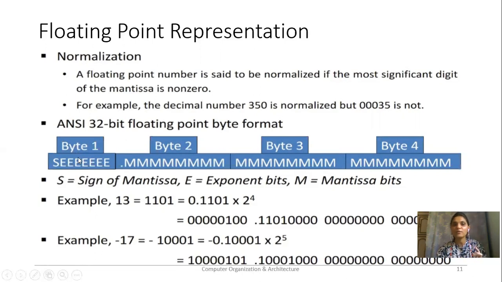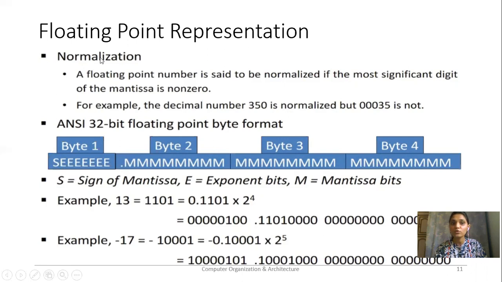This first byte represents two things: the exponent, and the first bit of this byte, represented by s, which represents the sign of the mantissa. We always consider that here we have represented a positive mantissa, but if it is negative, we represent it by its sign, and we are not representing the sign over here, we are representing it over here.